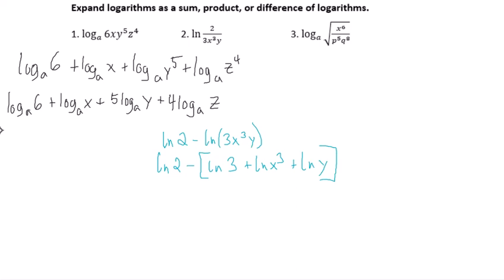Okay, so that subtraction needs to be applied to everything. So that's ln of 2 minus ln of 3. This 3 needs to be kicked out to the front, so that's minus 3 ln x plus ln y. All right, let's look at the next one.